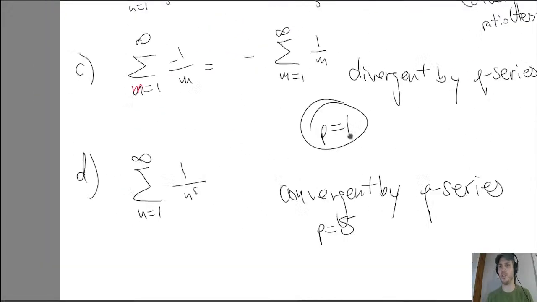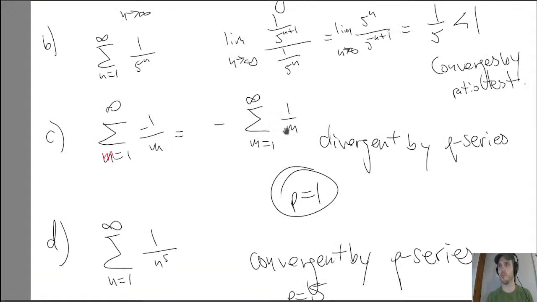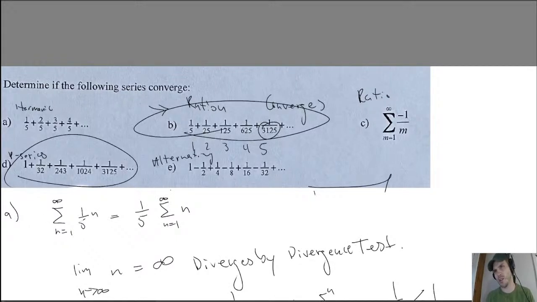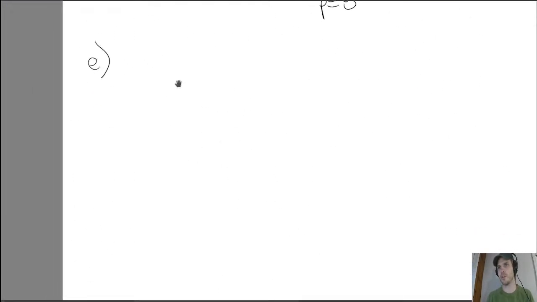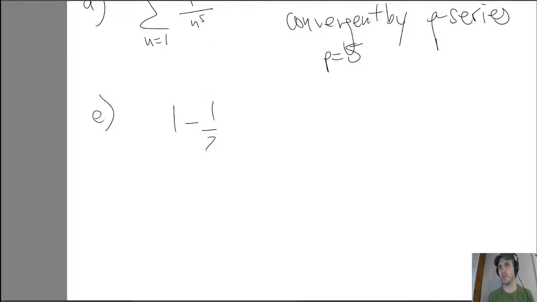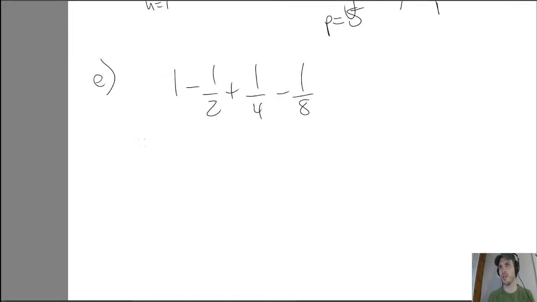And E should be alternating. Let's hope. Let's see if I can figure it out. So this is powers of 2 on the denominator, and it's alternating. So it's like 1 minus 1/2 plus 1/4 minus 1/8. So this is the sum from n equals, let's say, 0 to infinity.